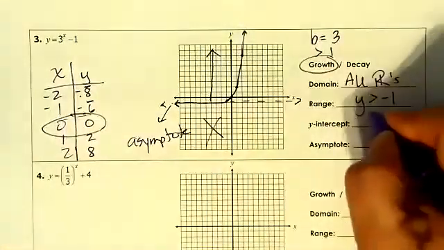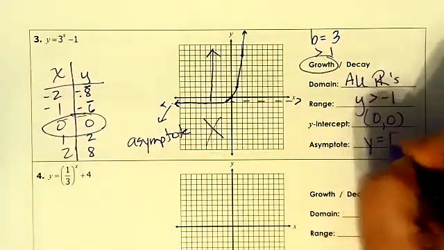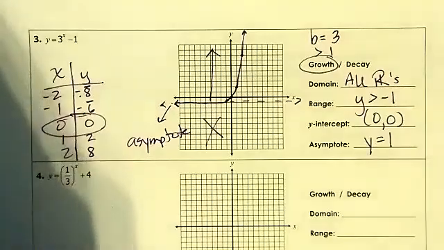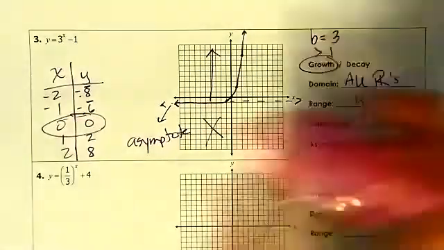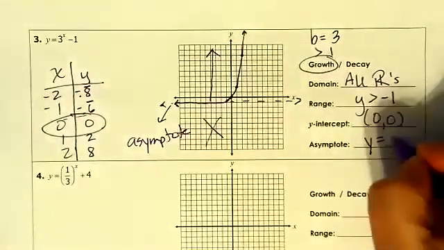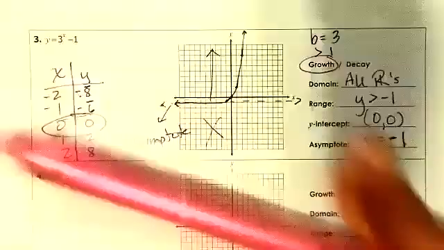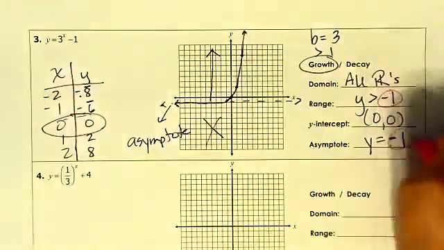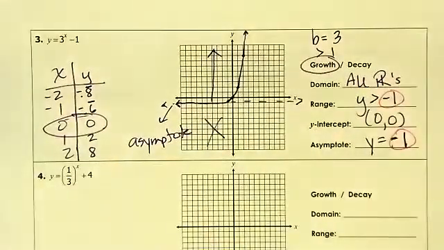There's my y-intercept, 0, 0. The asymptote is y equals -1. What you may be noticing at this point is that the range and the asymptote have some information that's similar. What the asymptote is equal to is also going to be information for your range. All right.